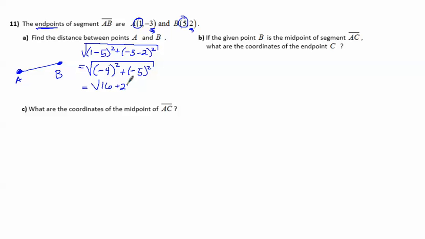That's 16 plus 25, which is really the square root of 41, and you may use your calculator to find that decimal answer. Should be a 6.4.